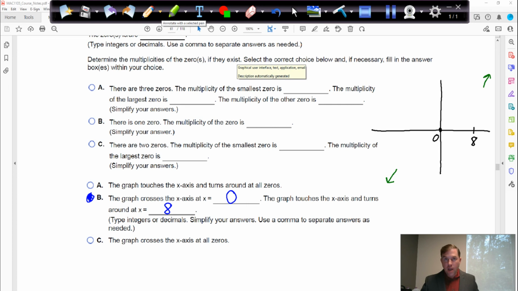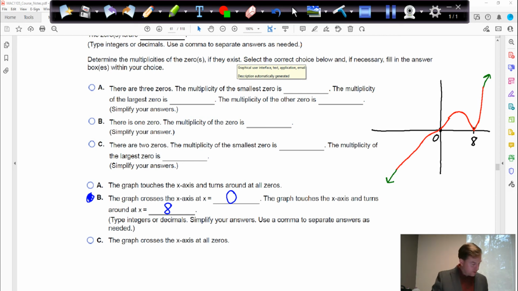At 0, we know it crosses the x-axis. Now, it has to come back to the x-axis to touch the 8. But at 8, it's going to touch and turn because it's a multiplicity that's even. It's going to come back up and then reconnect with its end behavior. So the graph's going to look something like that.